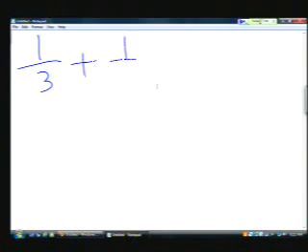When we take a third plus a half, what's your first step, Rachel? You have to get the denominators the same. Yep. You have to find out which number.